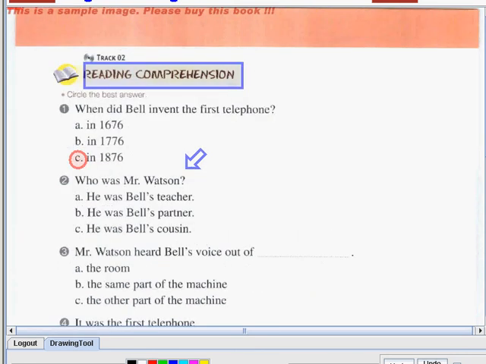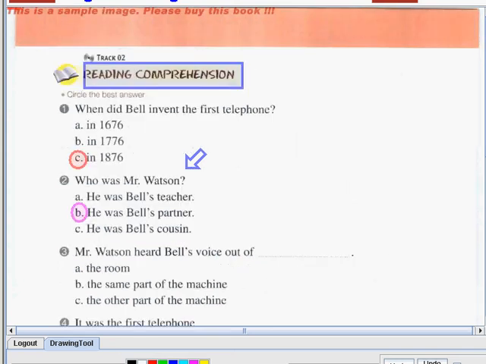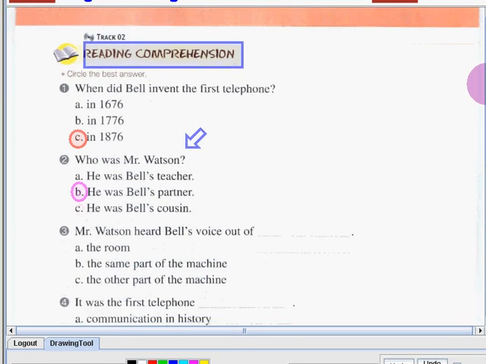Okay, so how about number 2? Who was Mr. Watson? The answer is letter B. He was Bell's partner. In the article, it says here, Mr. Watson was his partner. Next one, number 3.